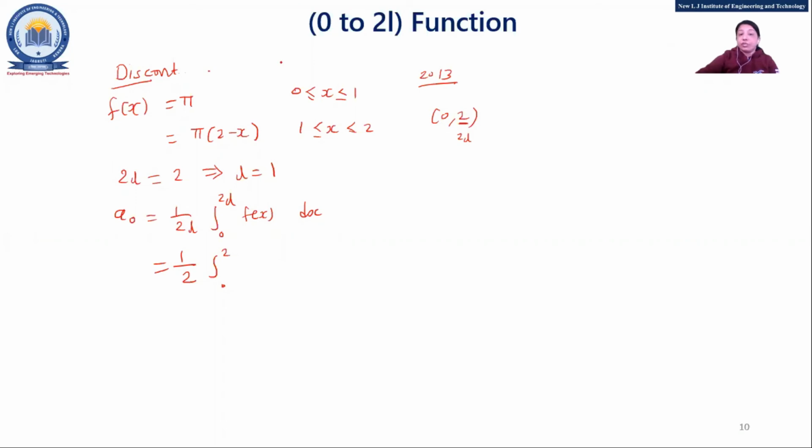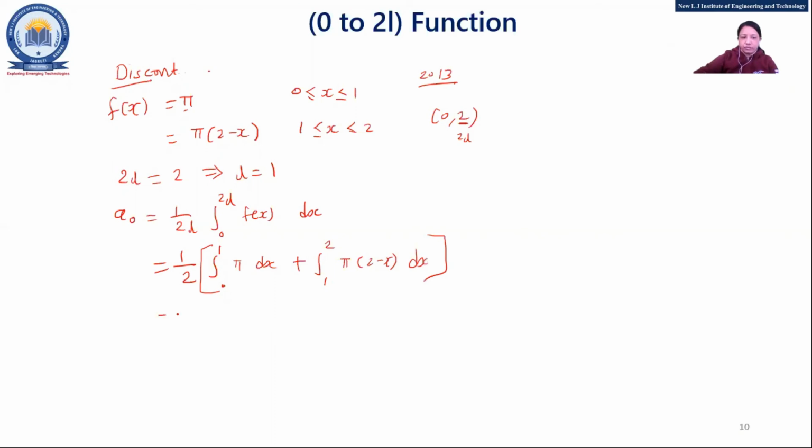But it is having two parts, 0 to 1 and 1 to 2, so I'll write it in two parts. 0 to 1, f(x) is pi, so pi dx. If you are having doubt, just raise your hand. Plus, the second partition is 1 to 2, where my f(x) is pi into (2 minus x) dx.